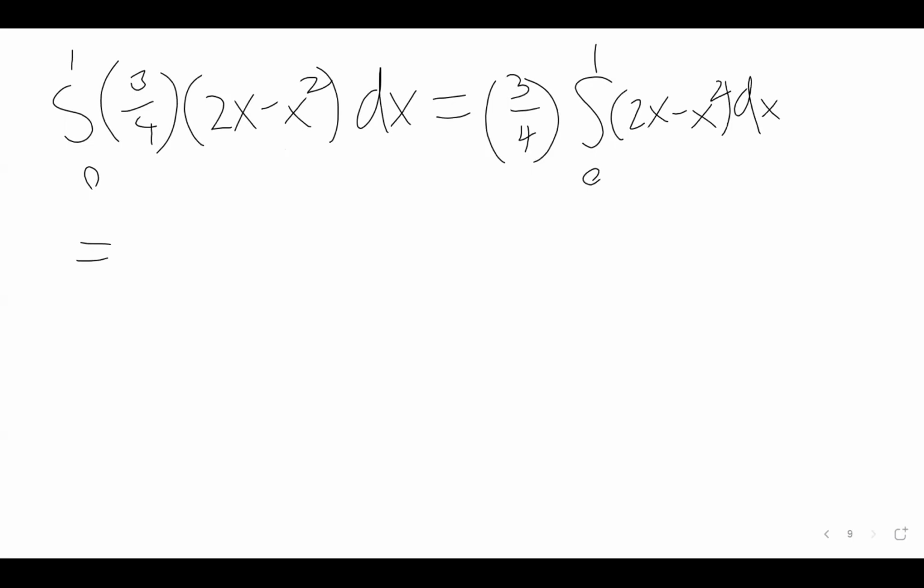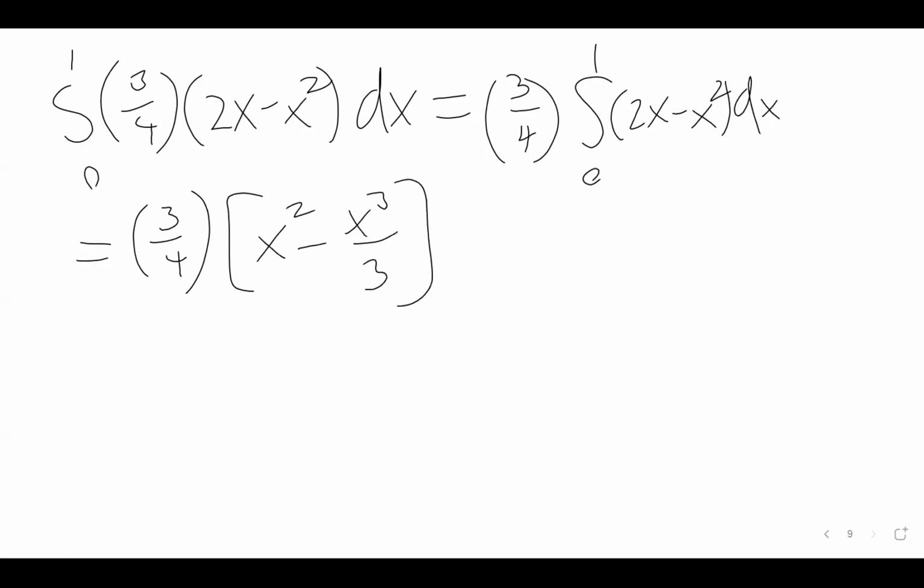Okay, and then now this is equal to 3/4 times, now an antiderivative of 2x minus x squared is x squared minus x cubed over 3. If you take the derivative of that, you get 2x minus x squared. Okay, and you're evaluating it from 0 to 1.